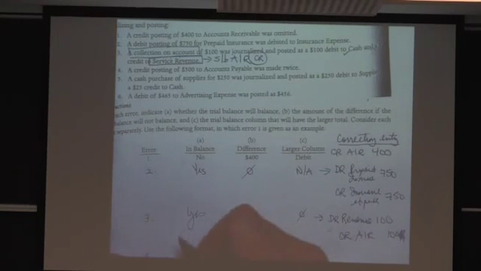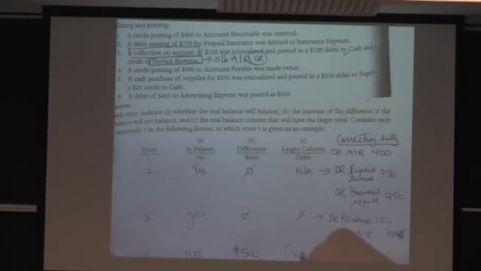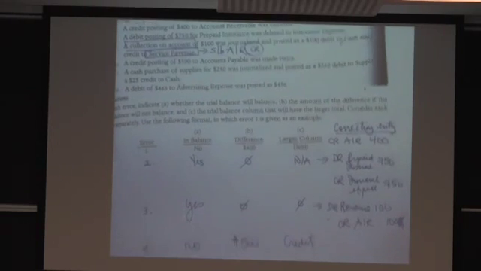The answer is it's going to create an imbalance, right? It's not going to balance because there's too much credit of $500. So which side of the account is larger? It's going to be the credit side.